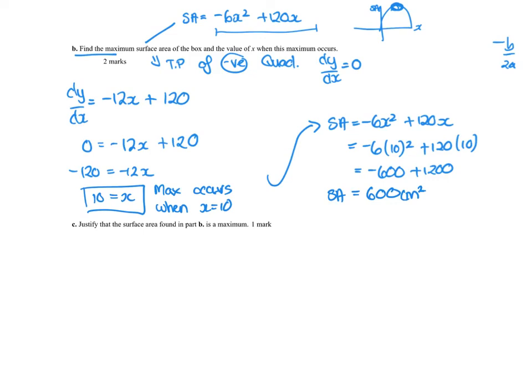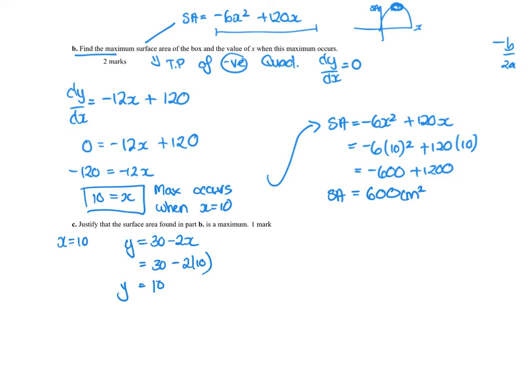All right, justify that the surface area found in part B is a maximum, so 1 mark. What you can do to justify that is say, because x equals 10, let's just try, then y must equal, remember we wrote the formula, that's what y equaled with the sum of all the sides. So if you put 10 into here, it'd be 30 minus 2 times 10, so y equals 10 as well.